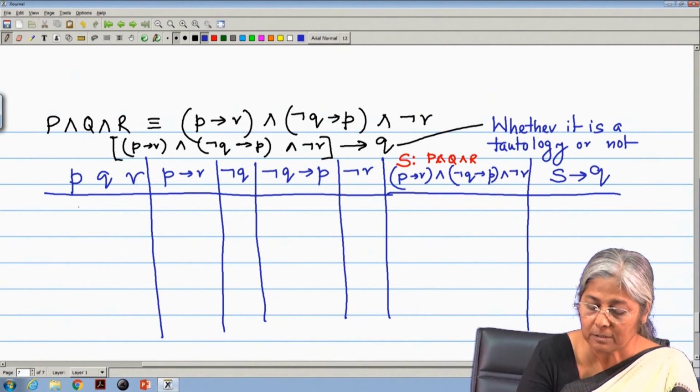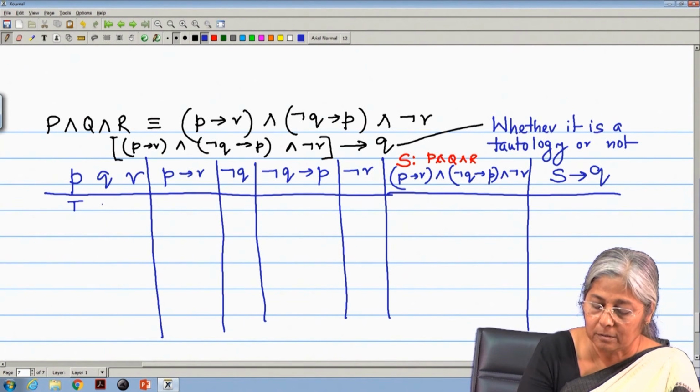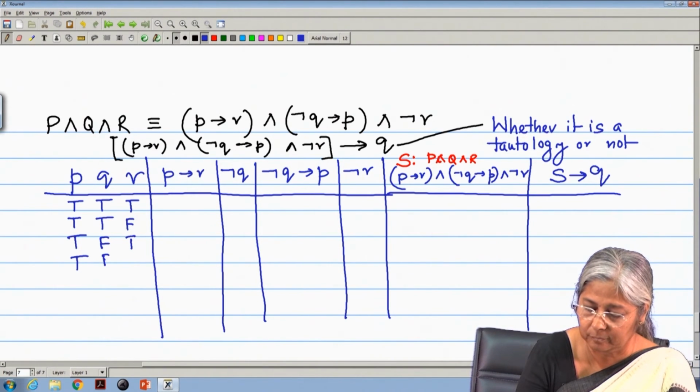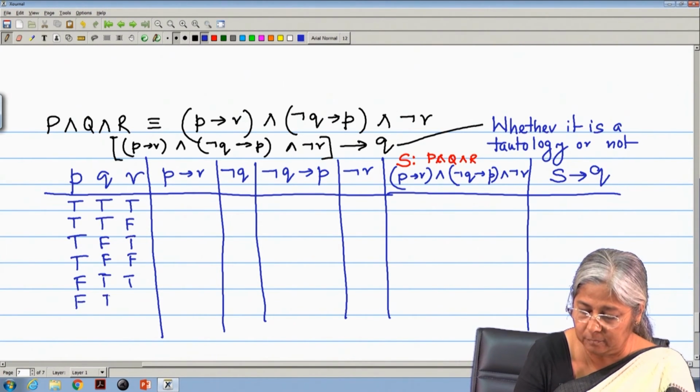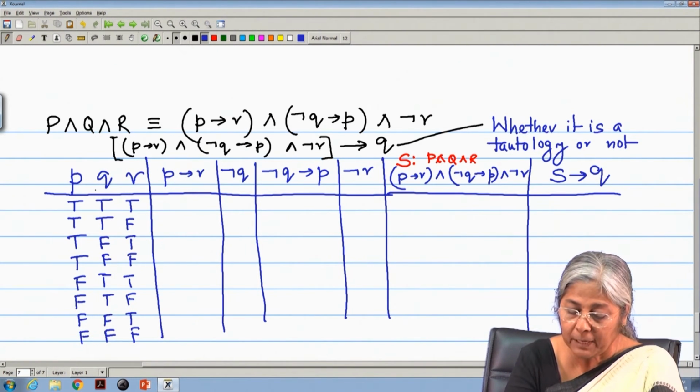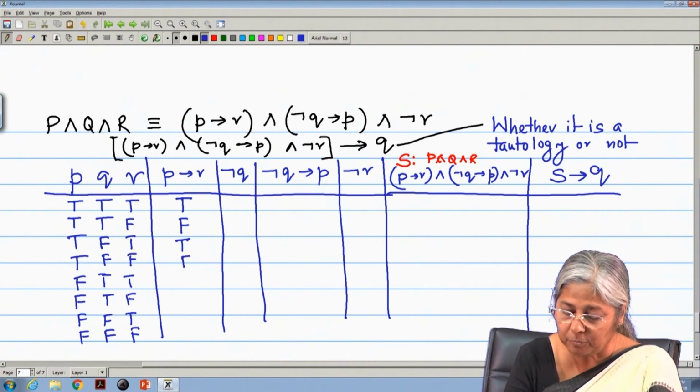So, I take all assignments of P, Q, R, then whether P implies R: T implies T is true, T implies F is the only false, again this is true, again T implies F is false.